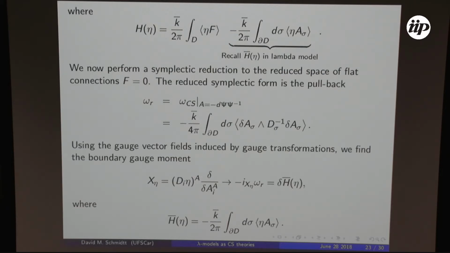So this is the fact that a Chern-Simons theory on the disk, after performing the symplectic reduction, has its information completely contained on the boundary, which turns out to be a current algebra, which is related to a Wess-Zumino-Witten model. I compute the gauge moment again using the symplectic form on the boundary, and then I recover exactly the same form for the gauge generator that you can find using the standard Lax pair.